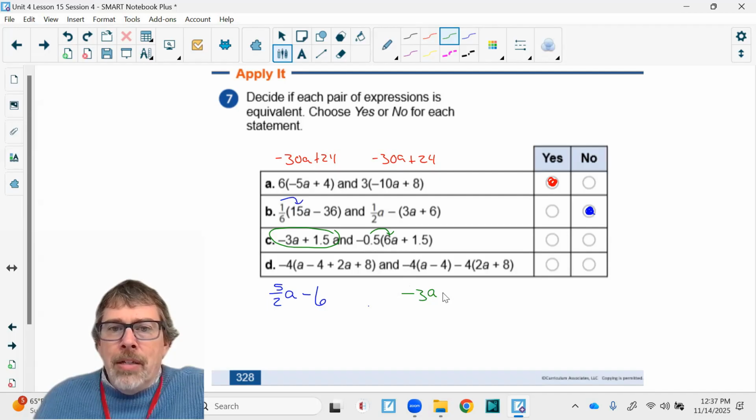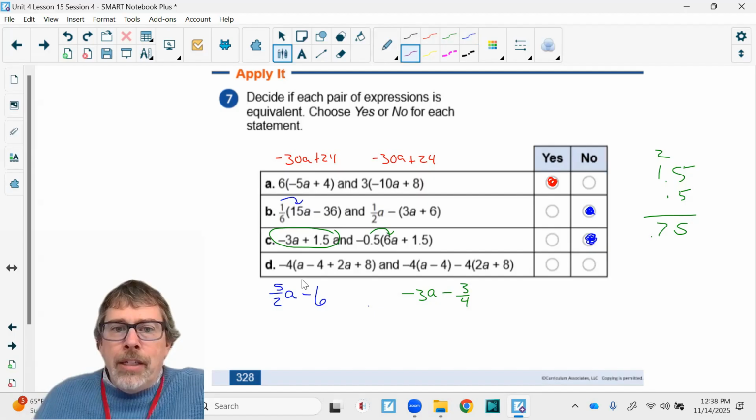Negative times a positive is negative. 1.5 times 0.5 is 0.75, or 3/4. Okay, and this is negative 3a plus 1.5. This is negative 3a minus 3/4. So that is not equivalent.